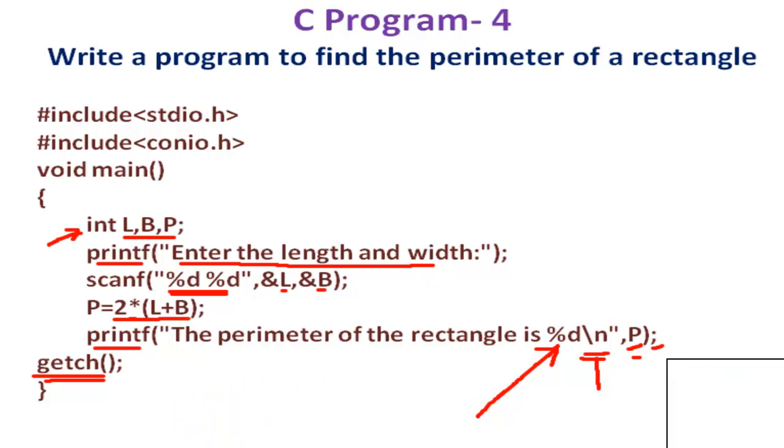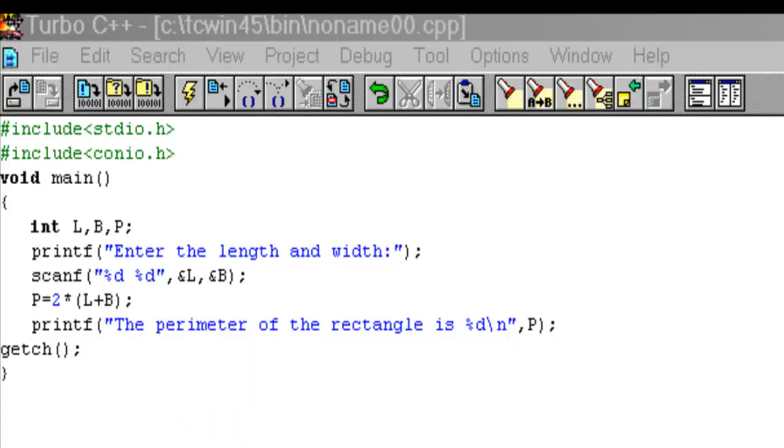Now we run. First we type the program without any mistake. If any mistake shows an error, then again we correct the program and run the program.